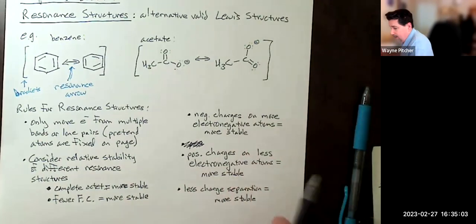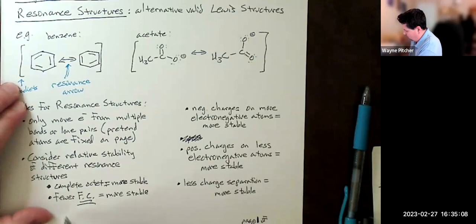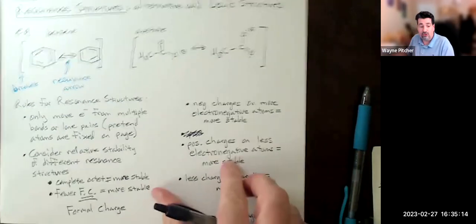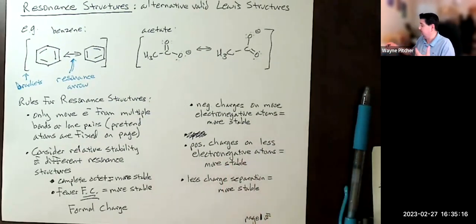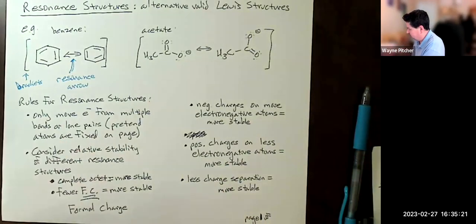Okay, now, one thing that I haven't really mentioned here was formal charge. Now, you may have done this. Hopefully you did this in Chem 1A. If not, well, this is a great review. So let's take a look at formal charge.